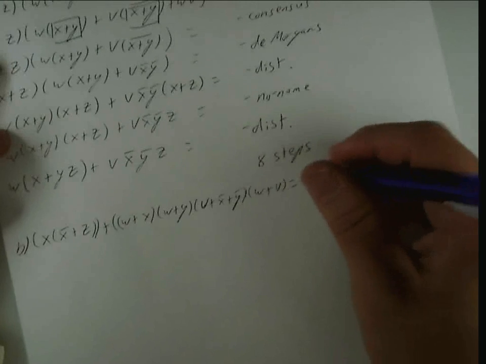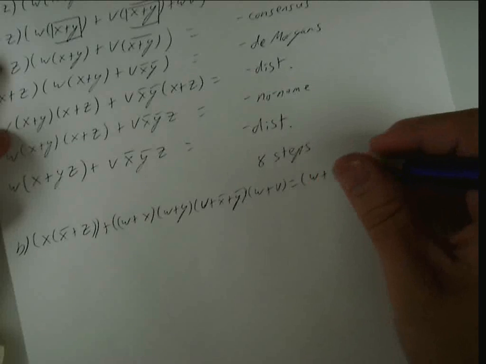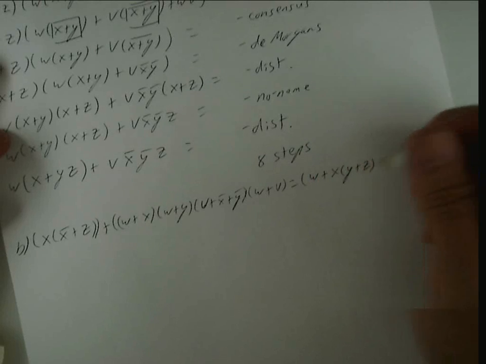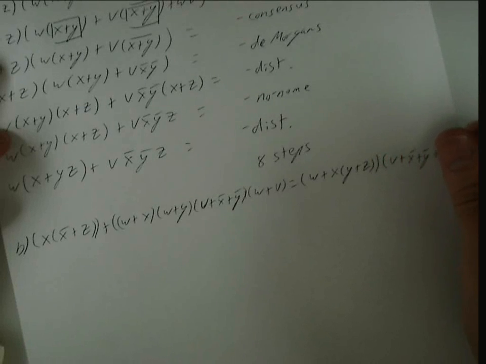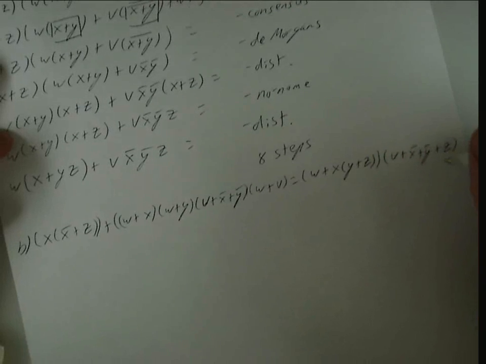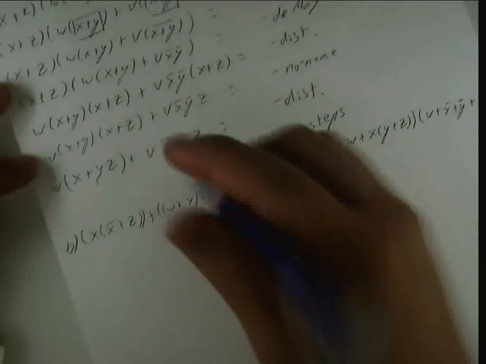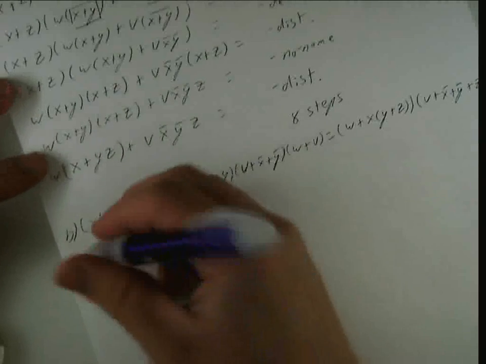So that equals w or x times y or z, and that's going to be ANDed with v or x bar or y bar or z. That would not be fun. Okay, so reduplicate my first step.